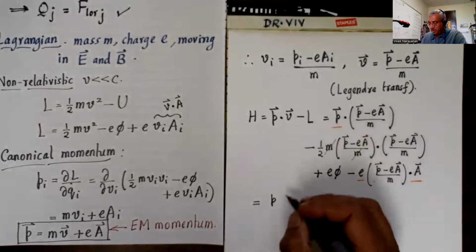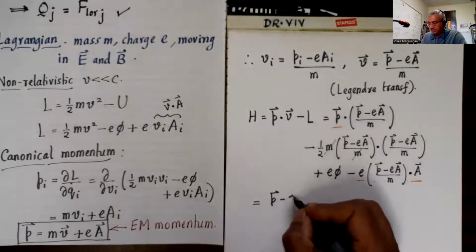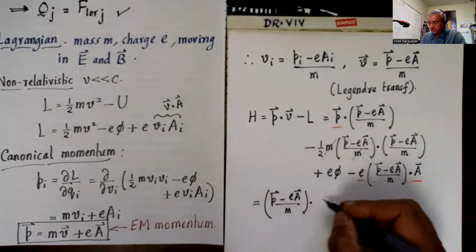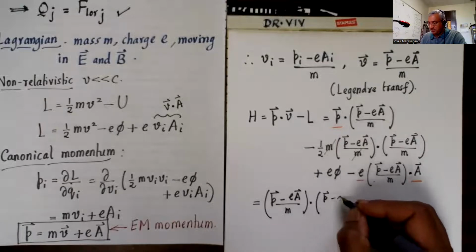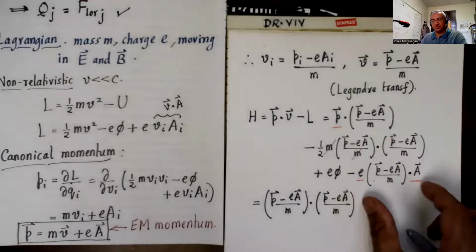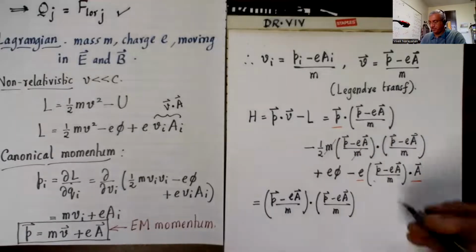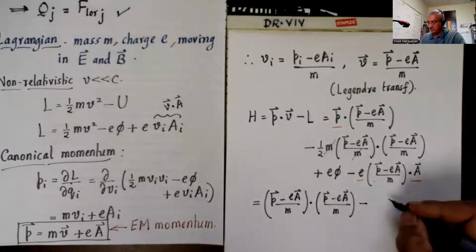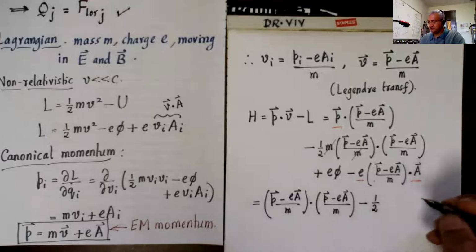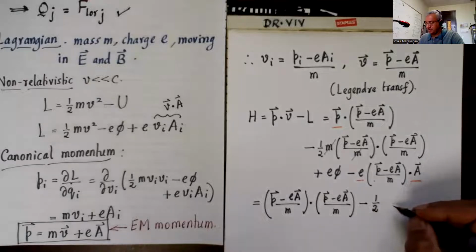So here's a lucky break. So this is just (p minus eA) over m dot (p minus eA) over m if I combine this term and this term. And then I have negative half of those terms.